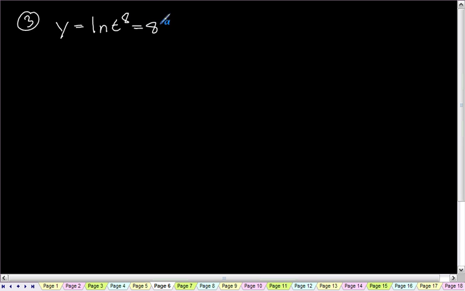So this actually becomes 8 ln of t. If we take dy dx of both sides, that's just the constant, so the 8 stays the same. We take the derivative of the ln of t, which is 1 over t. So the derivative dy dx is equal to 8 over t.